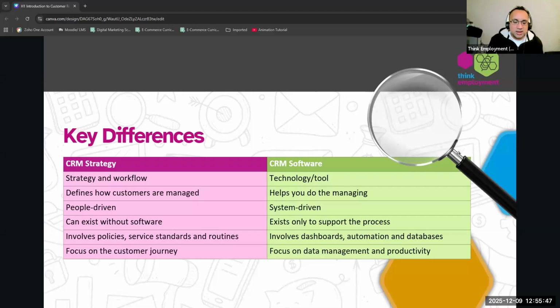But the strategy itself is still to follow the customer journey. So what I'm saying is, by using an application, that customer journey can be improved by using data properly, managing it properly and being more productive. So it's basically an improvement on a strategy that has existed for a long, long time.